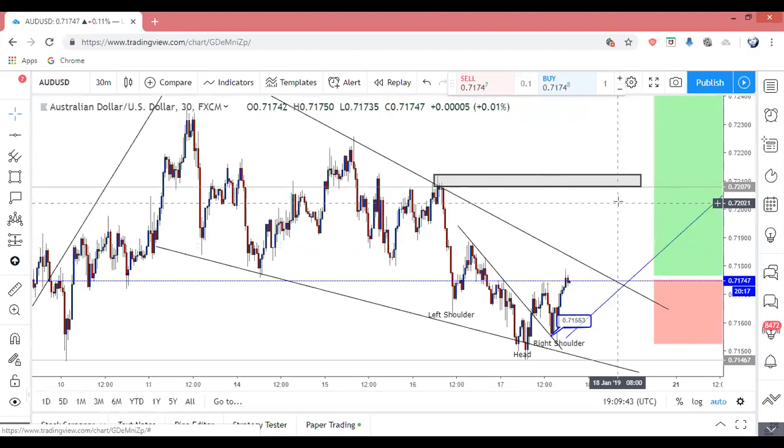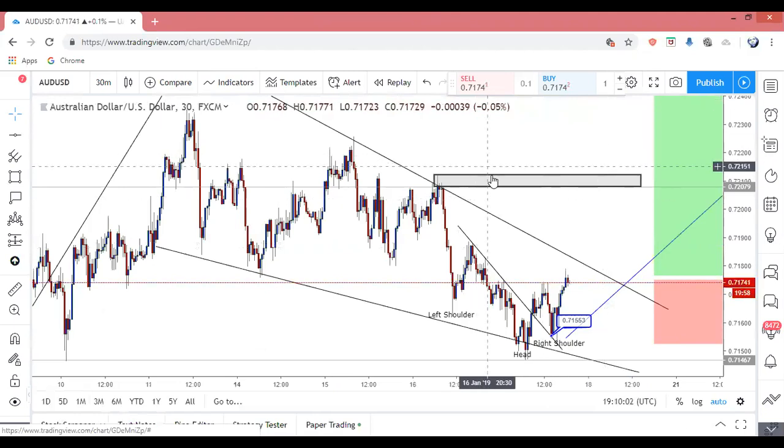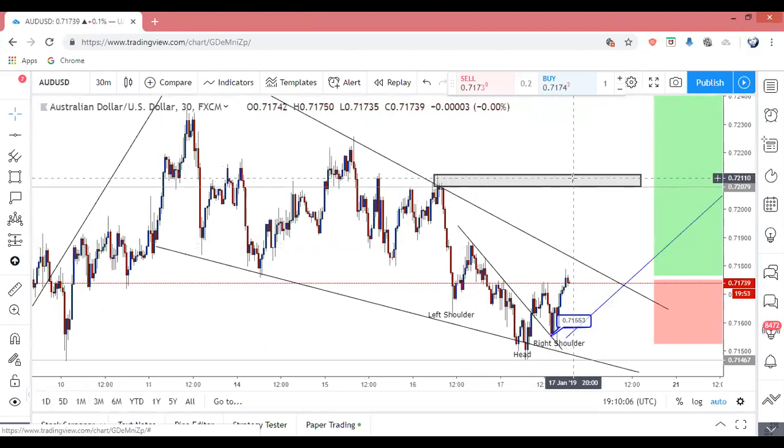So here's how you can actually predict how far down this market will come. We have identified that it can, and we prefer that it does turn when it gets here.